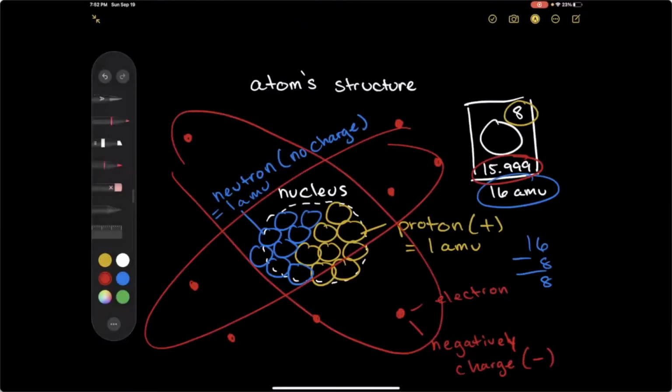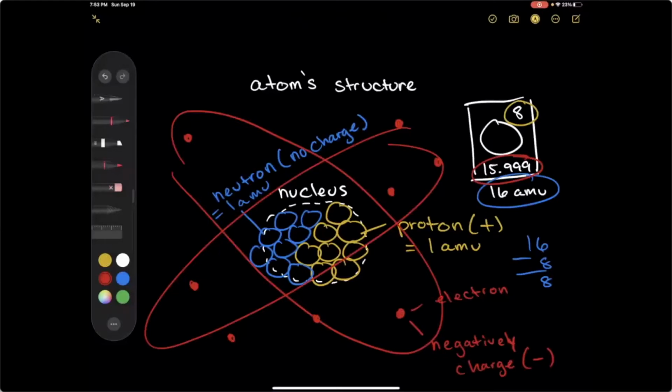around the nucleus. And this is a little deceiving. You may think that it kind of looks like our solar system, planets revolving around our sun. However, these orbits are very sporadic. They're incredibly fast, and they're actually a lot further away than this model suggests.